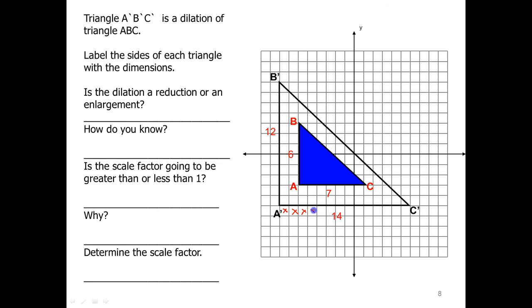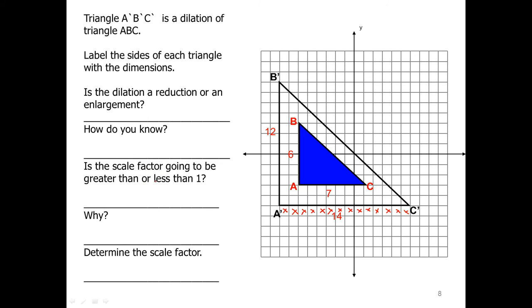Sometimes they make the mistake of counting the points and you miscount. So if you put the little X's underneath the side length, now you don't have to do this, it's just a suggestion. Then you can count up how many X's you have to see that you have 14 over the 7.